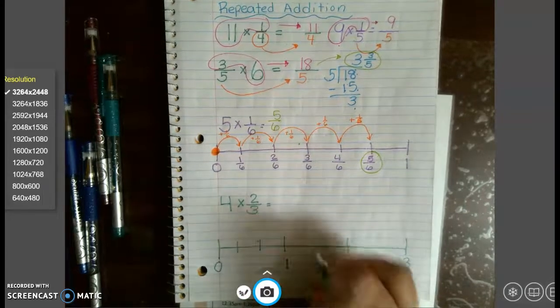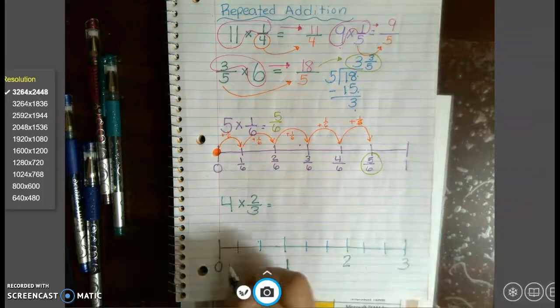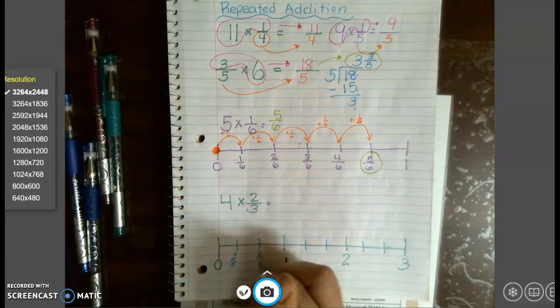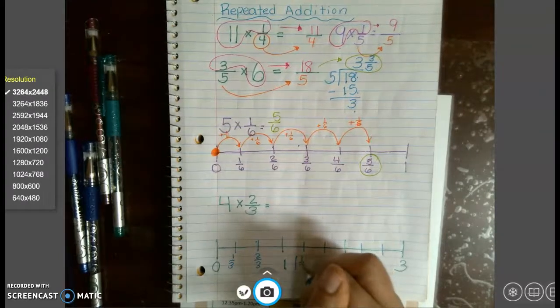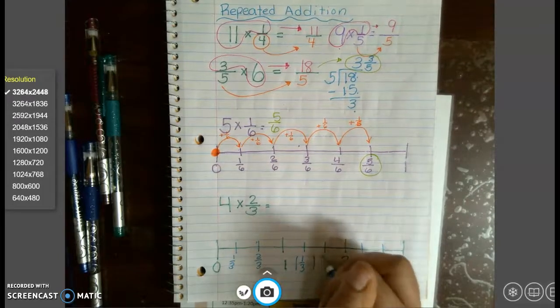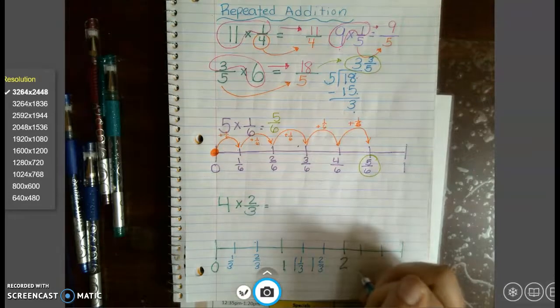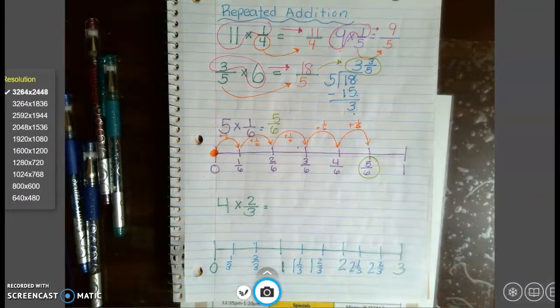So 1, 2, 1, 2, 1, 2. So I have 1/3, 2/3, then I have my whole number 1, 1 and 1/3, 1 and 2/3, and I have my whole number 2, 2 and 1/3, 2 and 2/3, and my whole number 3.